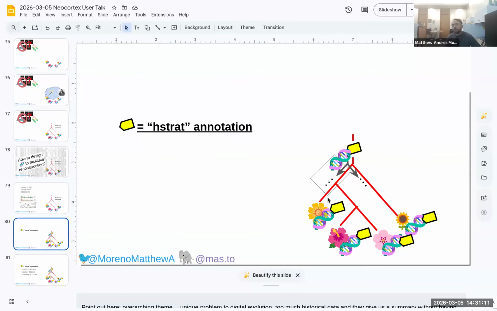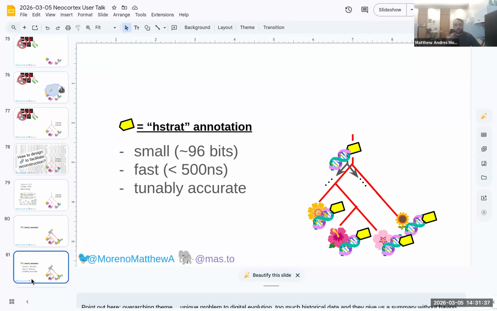And so in order to enable this type of barcode approach to building phylogenies from the Wafer-Scale Engine, we've been working on algorithms to condense this type of barcode data into fixed-size regions on the order of 64 or 96 bits, so that we can afford to associate these tracking tags with each genome in our simulation.